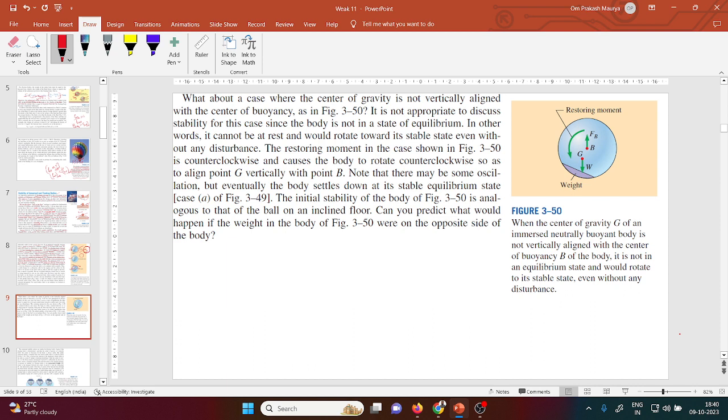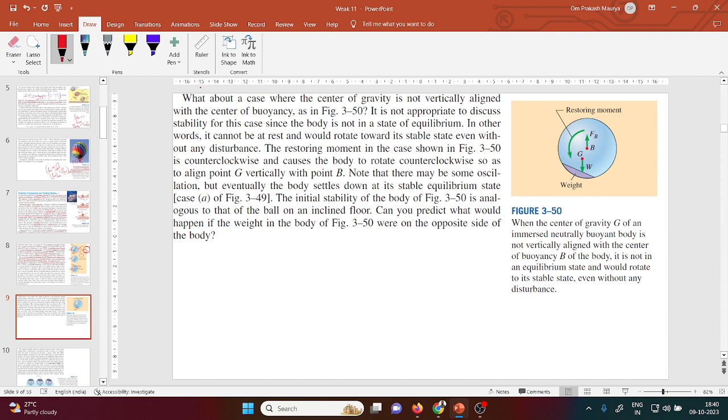Now this is a rotation kind of thing. During the rotation, what will happen? Rotationality is also very important, that is, the rotation that happens in the body.